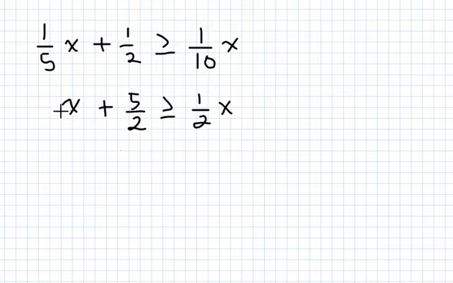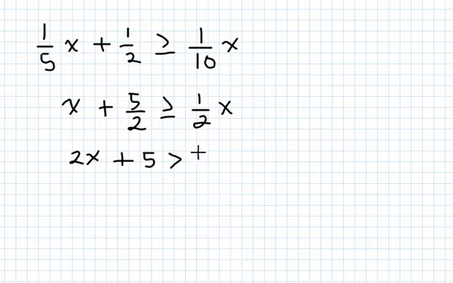Now I'm going to multiply by 2 to each one of these terms to get rid of this 2 down here in the denominator. So 2 times x is 2x plus 2 times 5/2 is just going to be 5, and 2 times a half is just 1. So that was the whole idea. And now I'm going to subtract x from both sides.